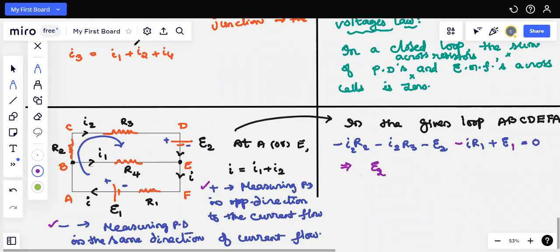This is E1. So E1 minus E2 positive, I'm going to write, keeping the PDs on the other hand. All PDs are negative, so taken to the other hand: I R1 plus I2 R2 plus I2 R. And that's all.